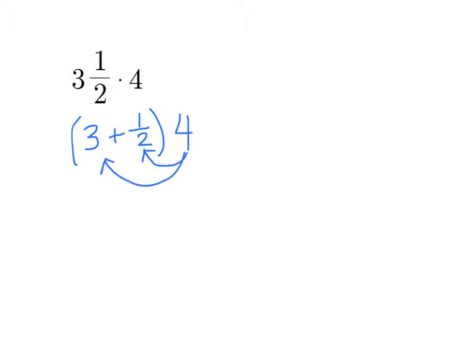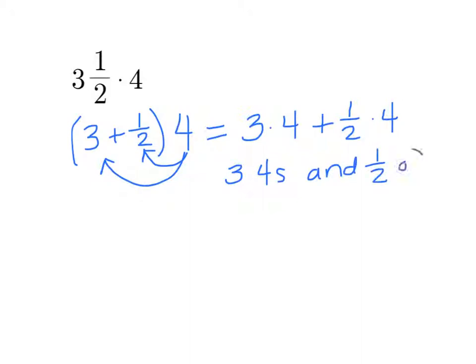This is not necessarily something I'm going to show on paper unless I feel like I need to. Instead, I'm going to do this in my head. So 3 fours plus half times 4, or half of 4.